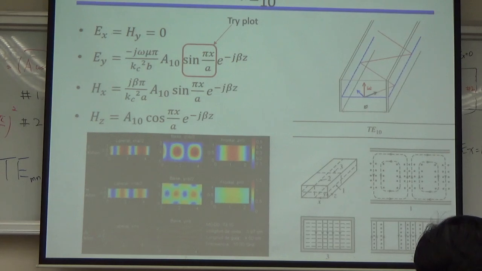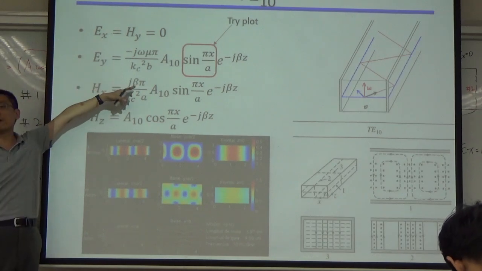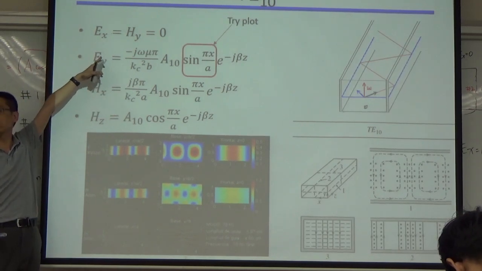This is the cross section, X and Y. The middle is larger because EY is a sine function, and there is no EX.